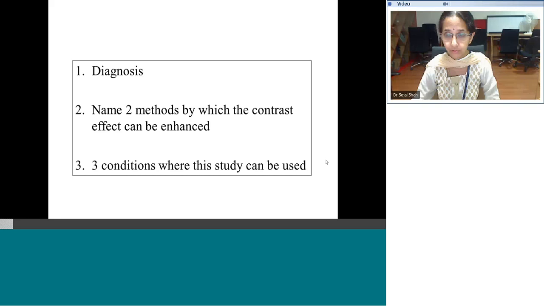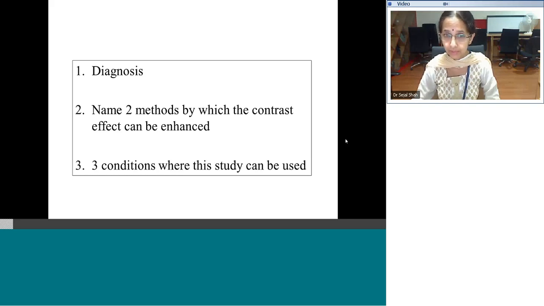What is it suggestive of? If the contrast comes after 3 beats, yes, so it means that you have communication at the pulmonary arteriovenous levels.